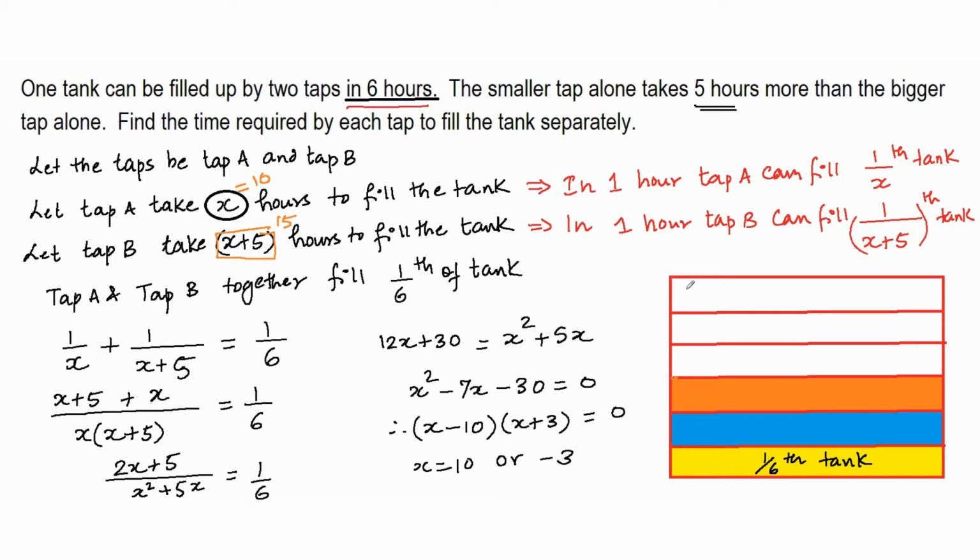So tap A takes 10 hours to fill the tank, while tap B takes 15 hours to fill the tank. So this is how we can find the individual time taken by the different taps to fill the tank. Again, pausing for a minute.